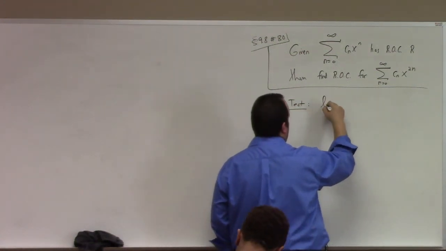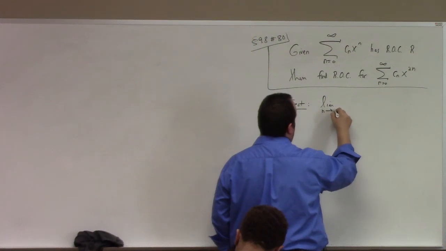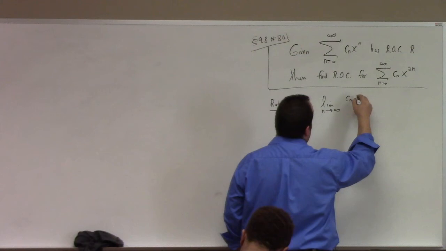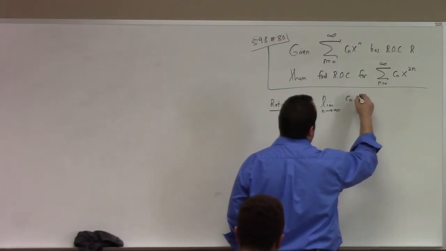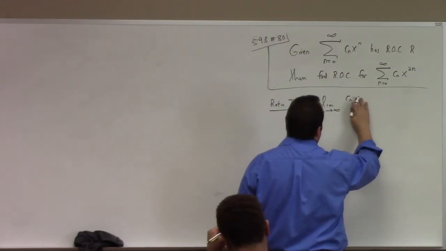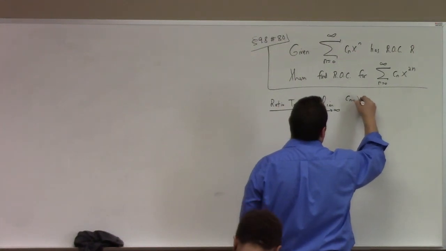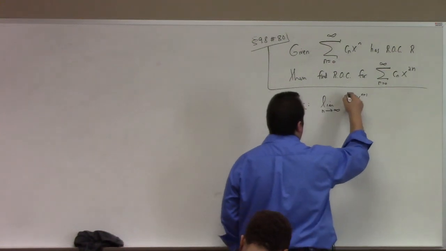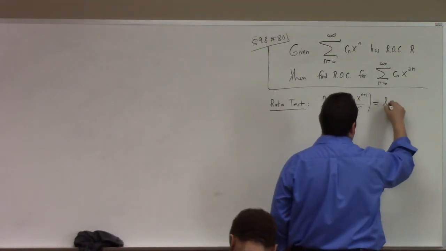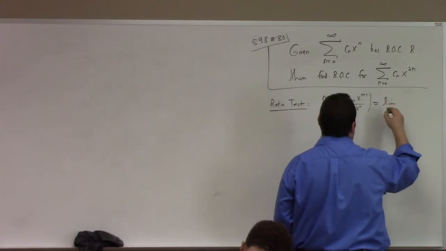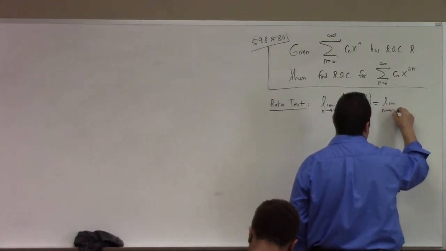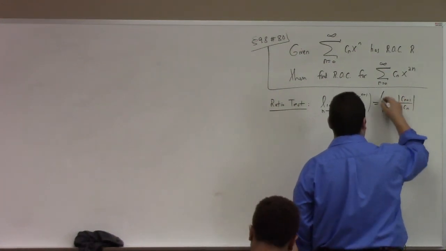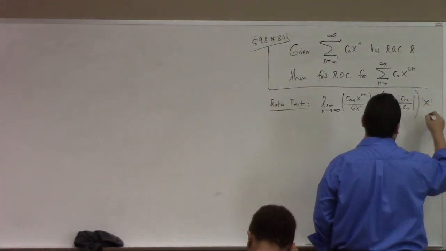It tells me that the limit as n goes to infinity of Cn plus 1 x to the n plus 1 over Cn x to the n is equal to what? I'm supposed to have absolute values. Sorry about that. That limit as n goes to infinity of the absolute value of Cn plus 1 over Cn, times the absolute value of x.